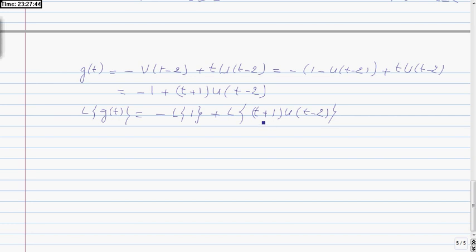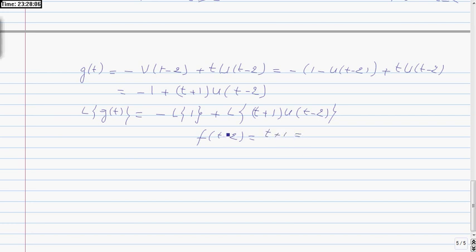We said if I have f of t minus 2 with u of t minus 2, then I can apply the second translation theorem. Just multiply F of s with exponential minus 2s. So here, what we need to do is just define a function f of t minus 2 to be the function next to the u of t minus 2. That means here t plus 1.